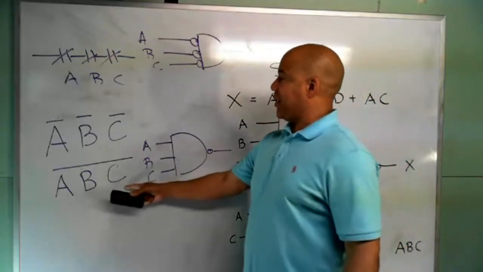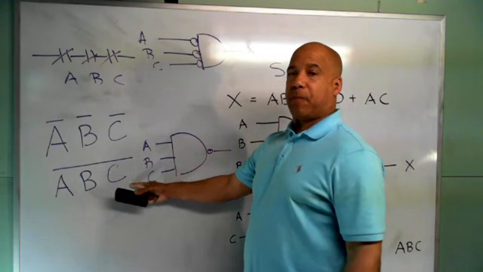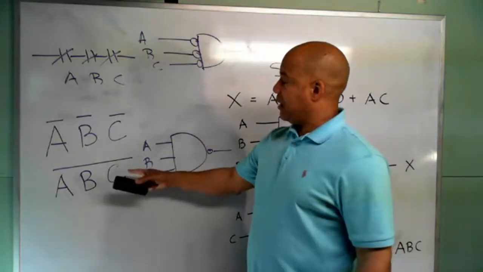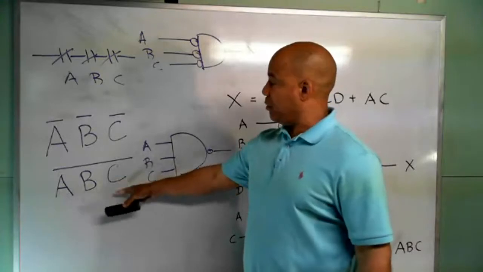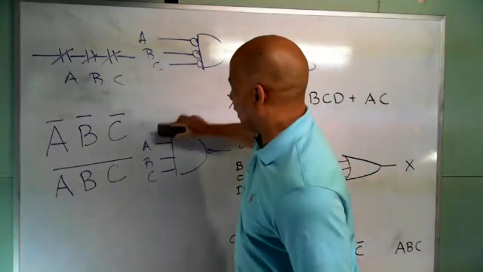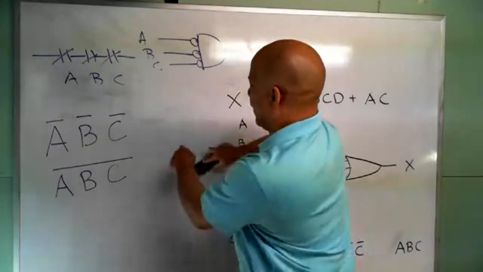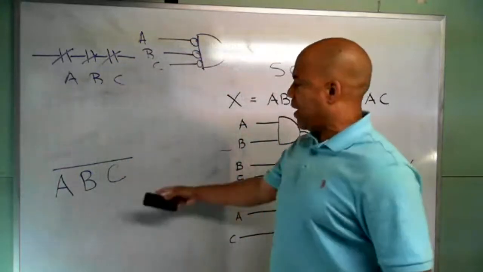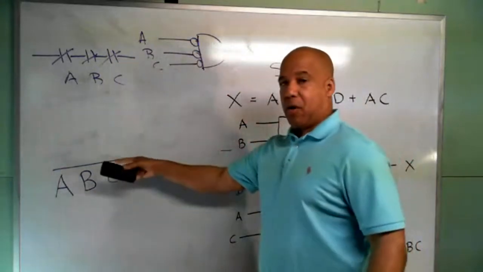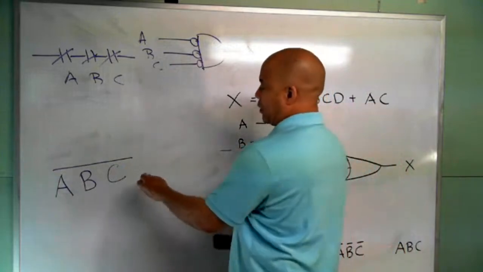So given something like this, what you would do, if you remember, is break the line, change the sign. Given something like this in a problem, you would actually DeMorganize that. So you would break the line and change the sign to get rid of this. There will be an example coming up where I actually show this. I'll give you a solid bar over variables, and all you've got to do is DeMorganize it.